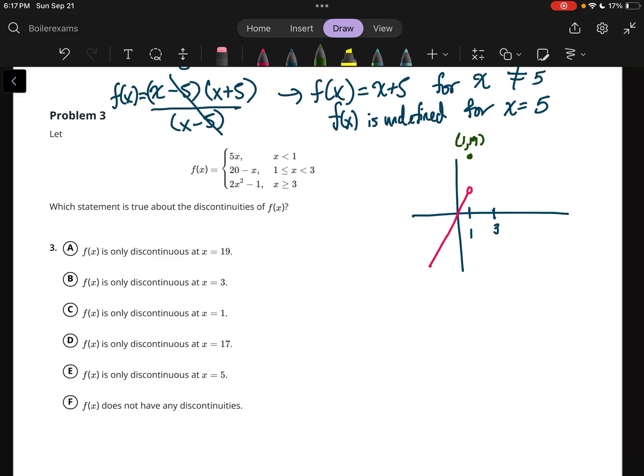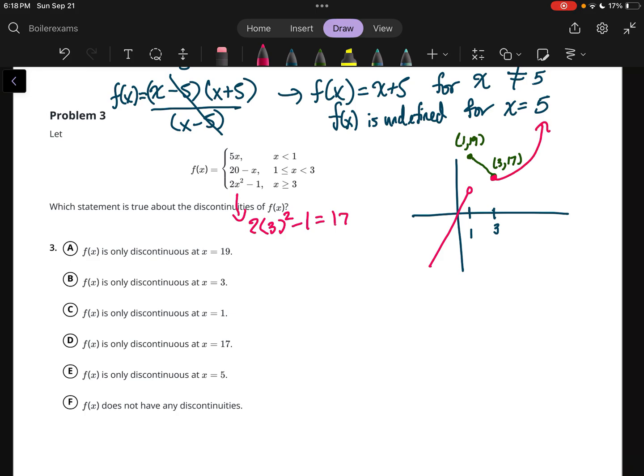It's not to scale, but that's okay. So this point over here is (3, 17). And then for x greater than or equal to 3, our function is 2x squared minus 1. I do the same thing. I plug in 3 over here. That is equal to 17. Since it's a greater than or equal to sign, this is a filled in point, and it would look something like this.